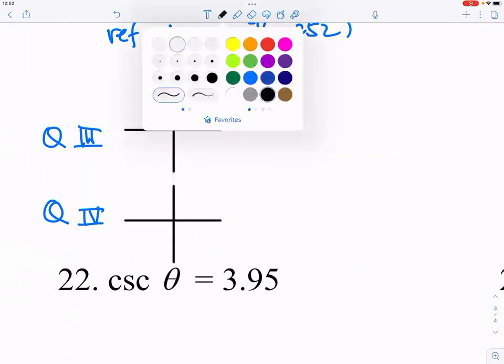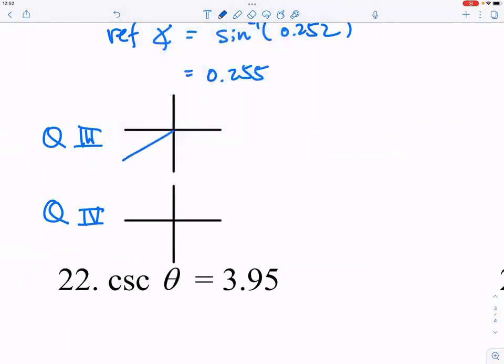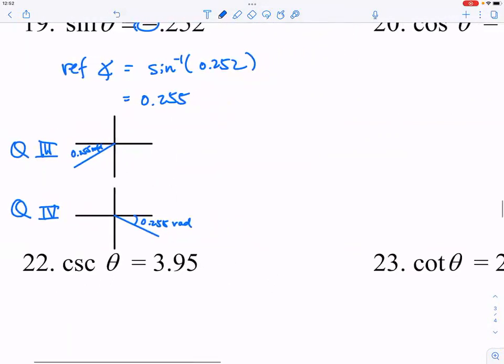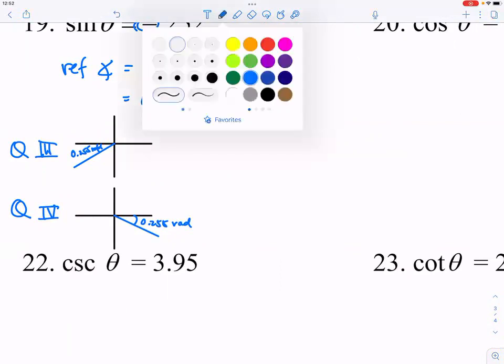So we have an angle in quadrant 3, and then we have an angle in quadrant 4. And that is 0.255 radians. So how do we get these two big angles?